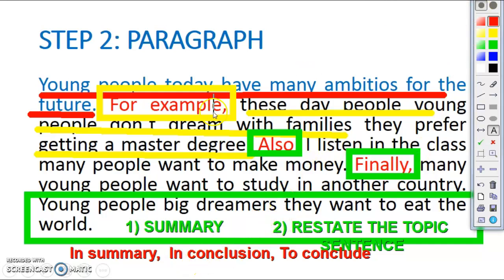Well, in that way, you have here your paragraph. First of all, your topic sentence. After that, your supporting ideas connected by connectors. And the last sentence is a summary or a restatement of the topic sentence using these connectors: finally, in summary, in conclusion, or to conclude.